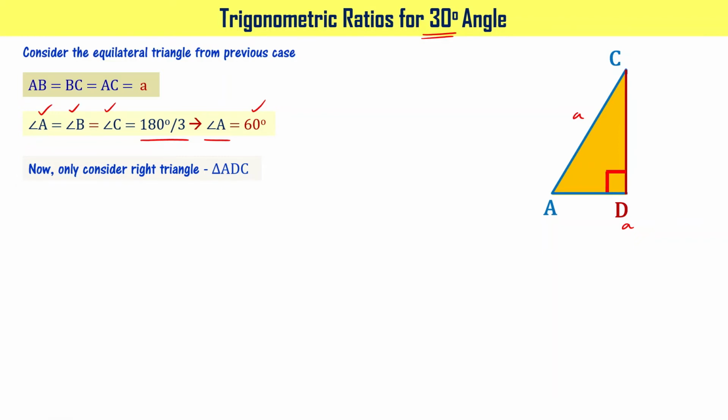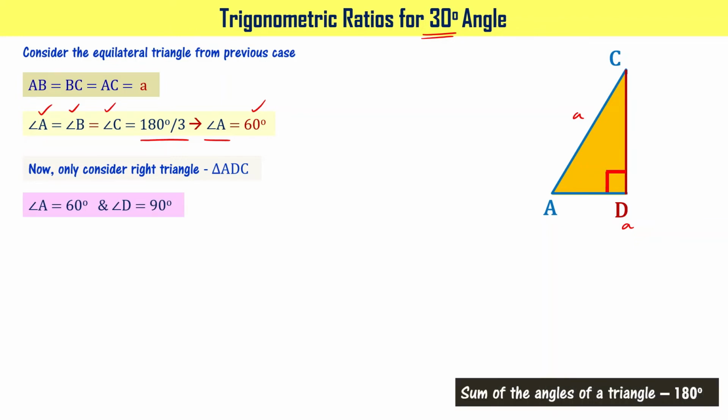Angle D equal to 90 degrees here, and angle A equal to 60 degrees. And angle C is going to be 30 degrees, because sum of the angles of a triangle is 180 degrees, right? It means angle A plus angle D plus angle C equal to 180 degrees. That's why you say that angle C is 30 degrees, right? In triangle ADC, angle C is 30 degrees.